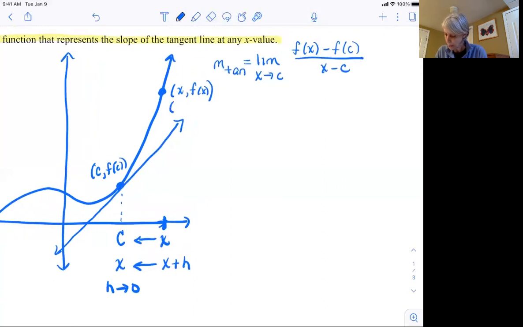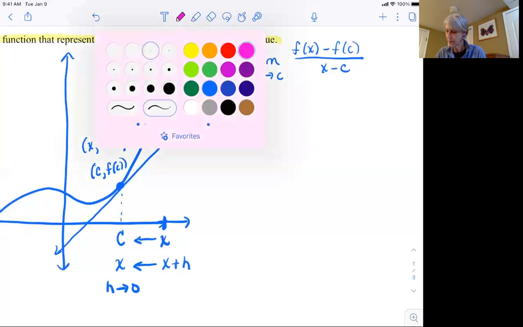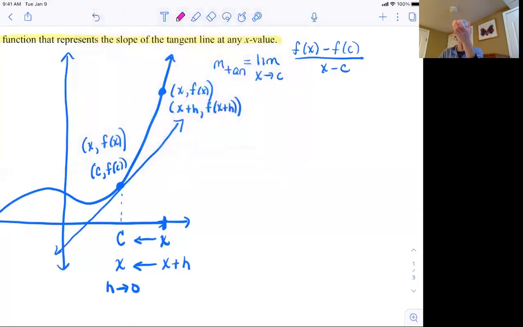So using function notation now, let's see what happens. This point now becomes x plus h as my input or my x value, so my y value is f of x plus h. If my x value is x, now my y value is f of x. So we're going to rewrite that slope formula.